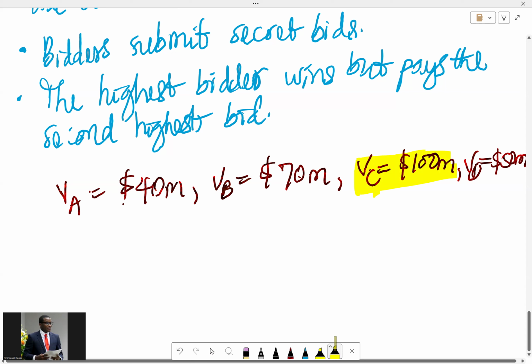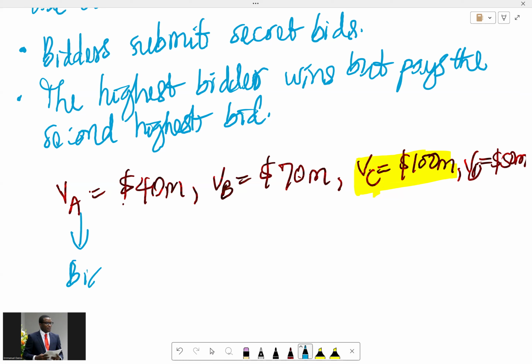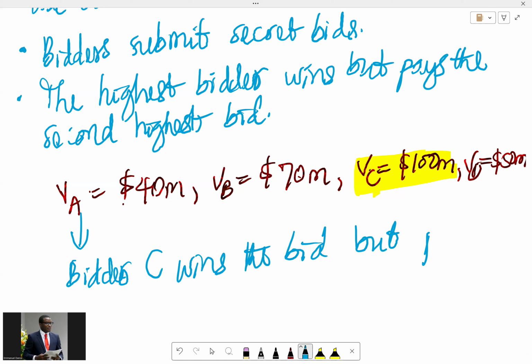But what happens is that bidder C wins the bid, but pays the second highest. If you rank it, this is number one, this is number two.